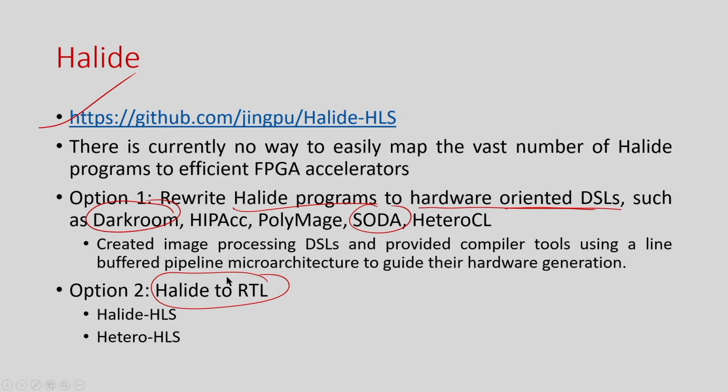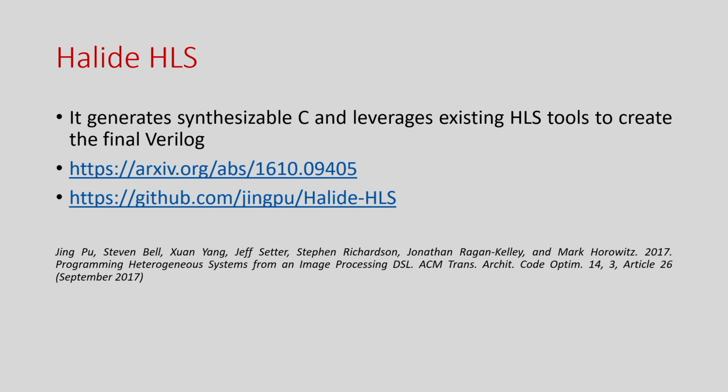So, this is what Halide-HLS and Hetero-HLS do, right. Halide-HLS takes this synthesizable C code and uses an existing high level synthesis tool. You do not have to develop another high level synthesis tool, and you generate the Verilog, the RTL. Again, this Halide-HLS is available here, and the details you can get in this paper.